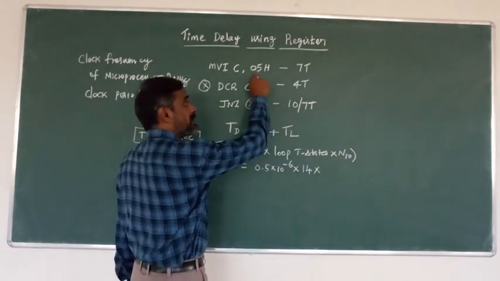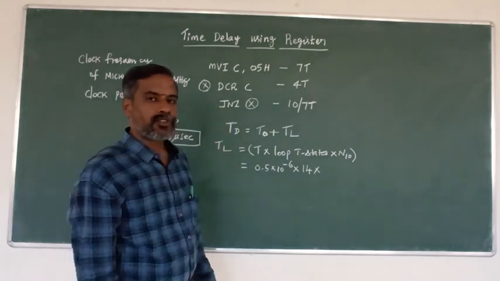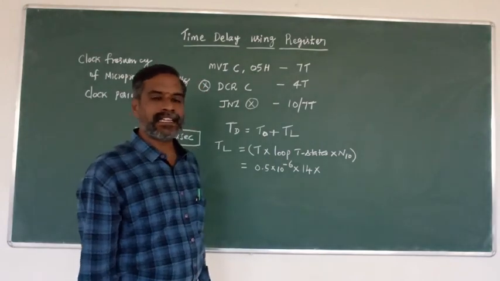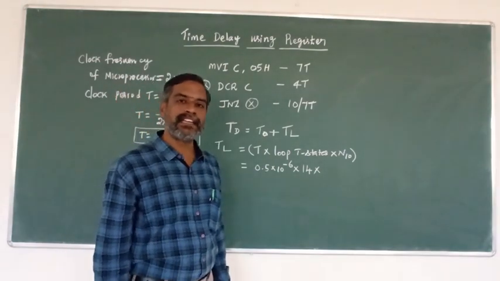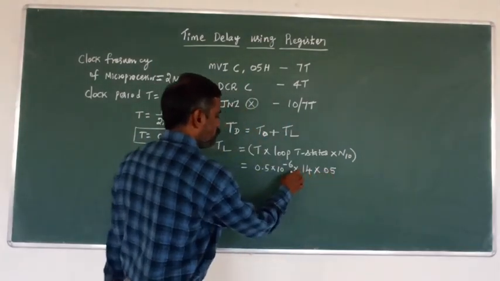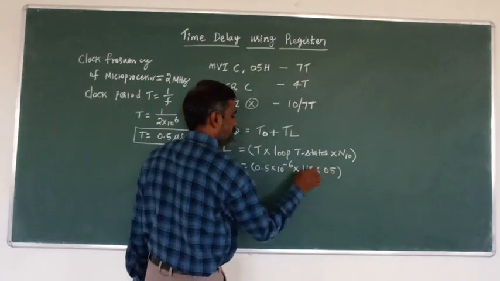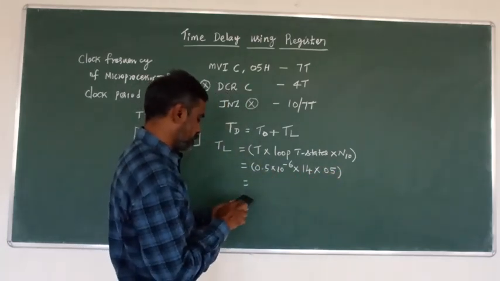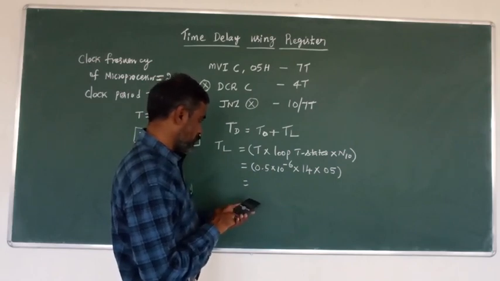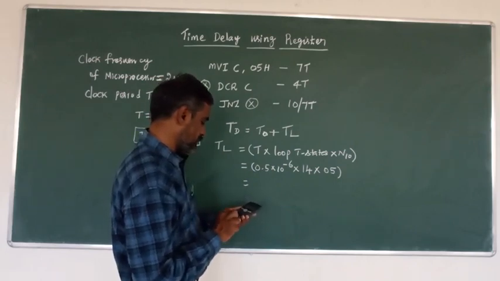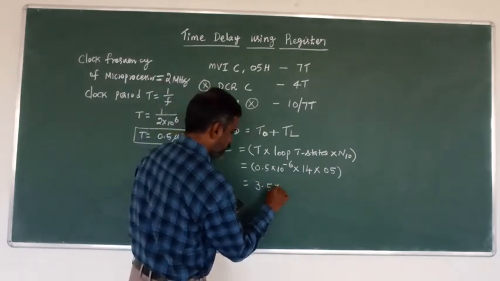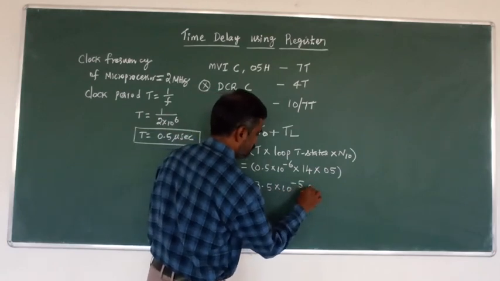The given hexadecimal value is converted into decimal: 05 hexadecimal is also 5 in decimal. Multiplying all, 0.5 into 10 to the power of minus 6 into 14 into 5 gives 3.5 into 10 to the power of minus 5 seconds.